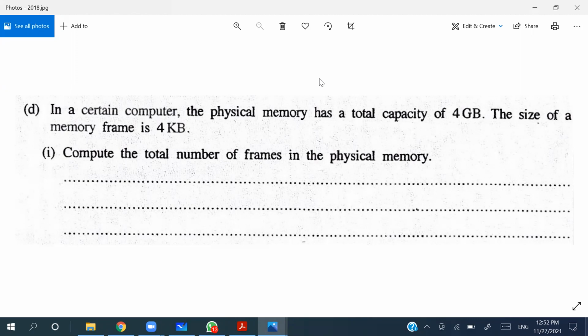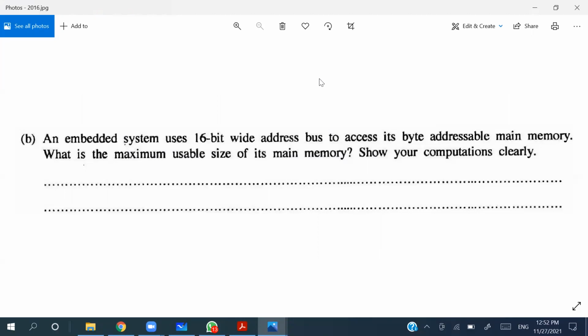Yeah, Nikini, you should mention a particular unit for the maximum usable size of the main memory, right? Whether it is bytes or bits or kilobytes or whatever. So we have to mention it, right?